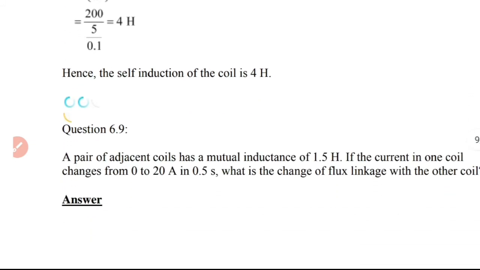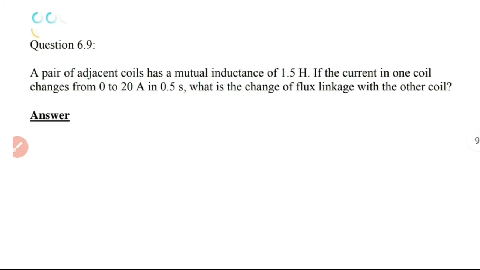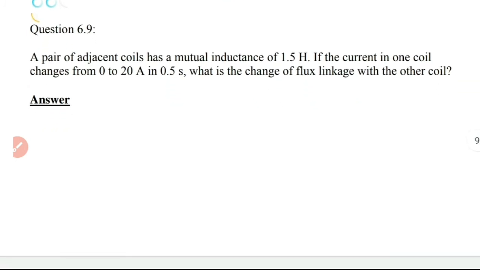Now coming to question 6.9. A pair of adjacent coils has a mutual inductance 1.5 Henry. If the current in one coil changes from 0 to 20 ampere in 0.5 seconds, what is the change of flux linkage with the other coil?